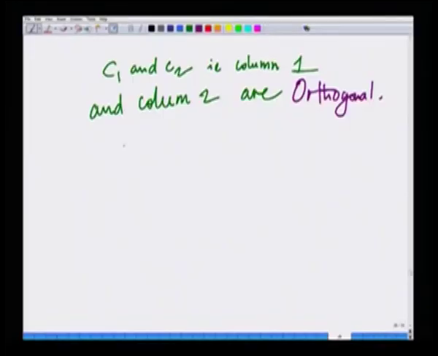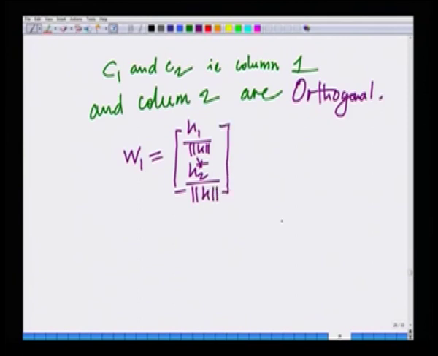For instance, W1 can be employed as W1 equals H1 divided by norm H, H2 conjugate divided by norm of H.